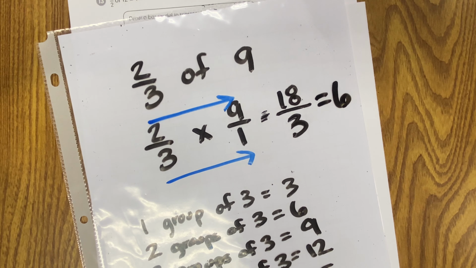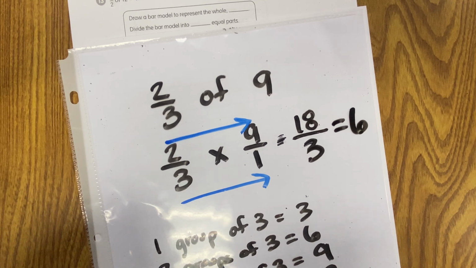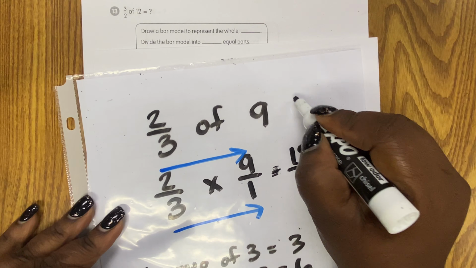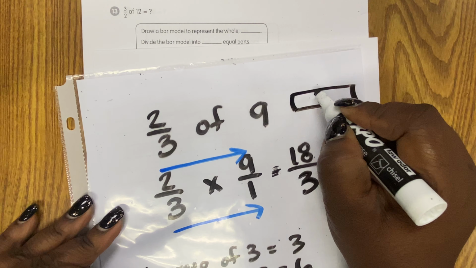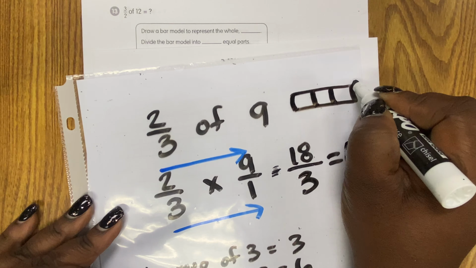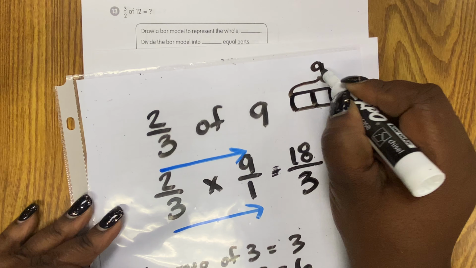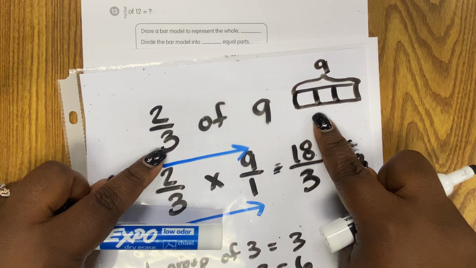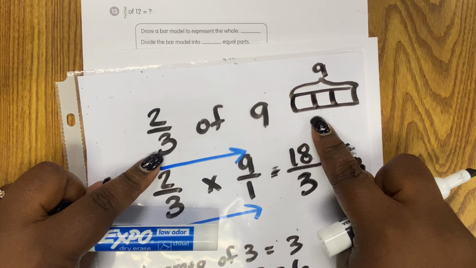And let me bring that model back in just for you to see the relationship. I'll put the model right here in this corner. So remember, our whole is 9. And we're taking that 9 and splitting it into 3 equal groups, because that's what our denominator tells us.